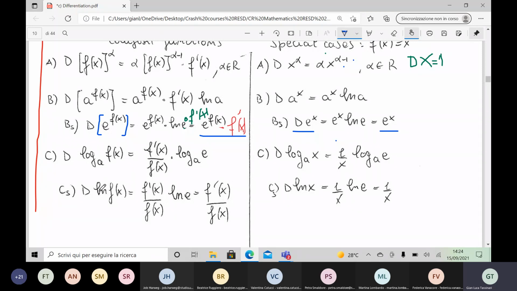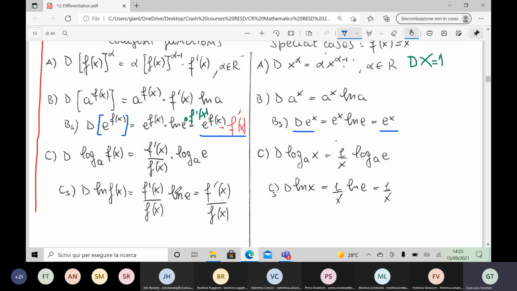This has in principle nothing special, so you can apply the rule above. We have this rule, so f prime over f of x. Then you have logarithm with basis a of e, which is the basis here, e. So you should have log with basis e, but log with basis e can be written as ln of e.